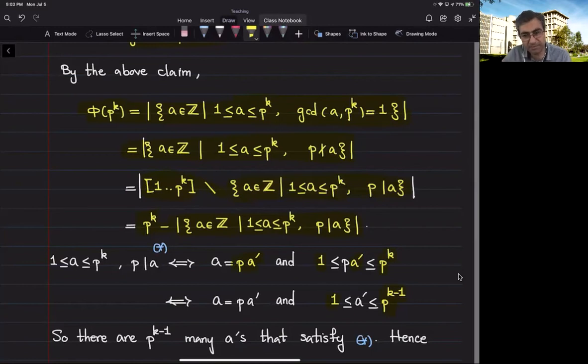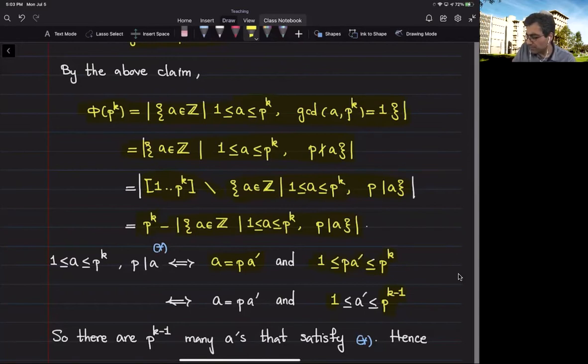Now, a is a multiple of p means a is p times a prime, for some other integer a prime. Now, a is supposed to be in this interval from 1 to p to the k. Therefore, p a prime is in this interval. Now, I divide all the sides by p. P is a positive number, so we are not changing the direction of inequalities.